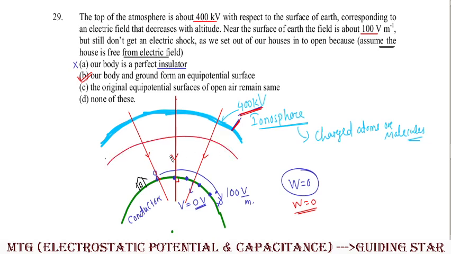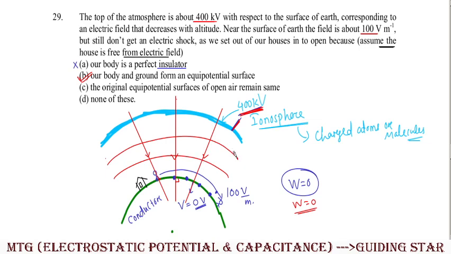So different layers of the atmosphere will have different potential, and that potential will definitely be less than this 400 kilovolt. Clear? So layer-wise potential might remain the same, but different layers will have different potential.